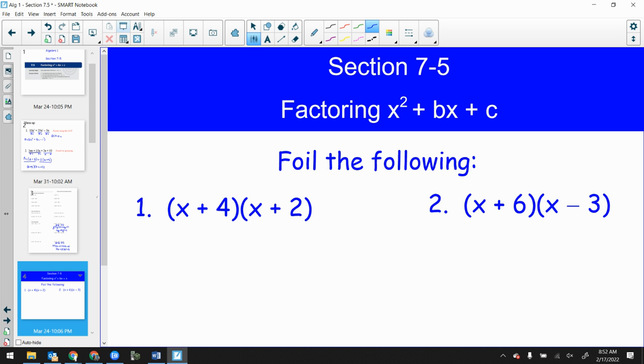It'll help us factor trinomials if you can multiply these 2 binomials together. Okay, you should already be done with the first one. Start working on the second one.